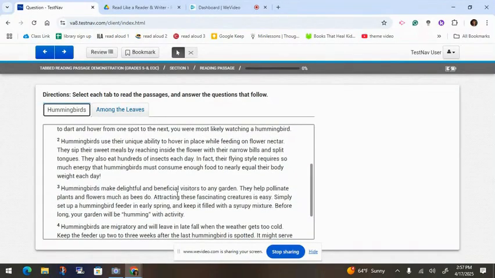Paragraph 2. Hummingbirds use their unique ability to hover in place while feeding on flower nectar. They sip their sweet meals by reaching inside the flower with their narrow bills and split tongues. They also eat hundreds of insects each day. In fact, their flying style requires so much energy that hummingbirds must consume enough food to nearly equal their body weight each day. So this one to me is all about their eating.